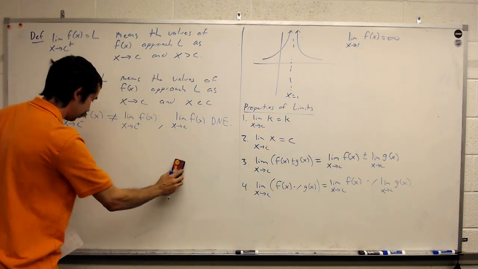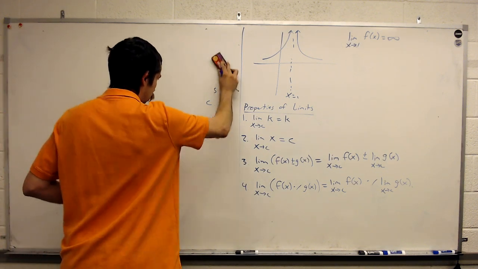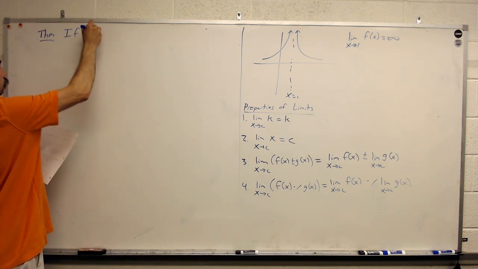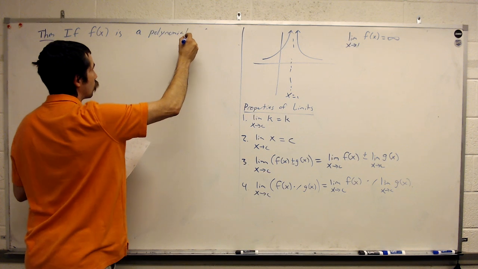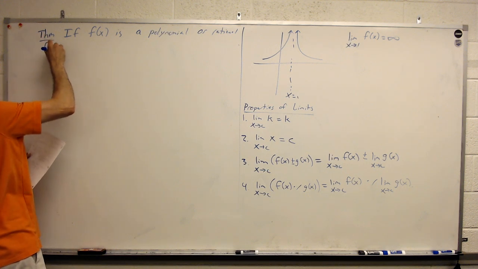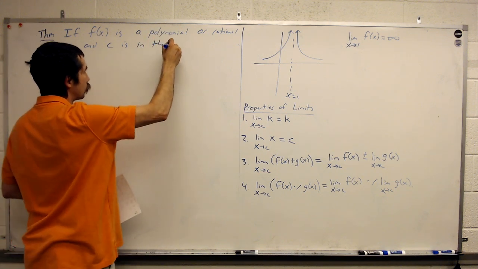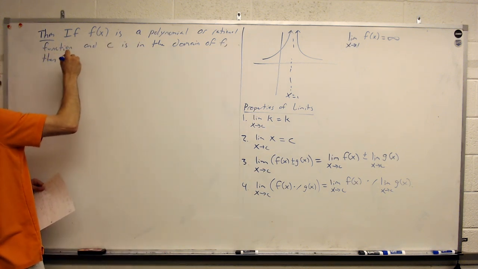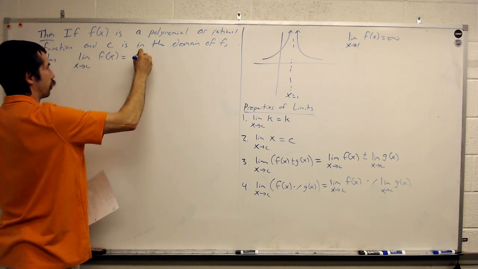All right, so I'm going to state that as a theorem. So the theorem says if f of x is a polynomial or rational function and c is in the domain, then the limit as x approaches c of f of x equals f of c.